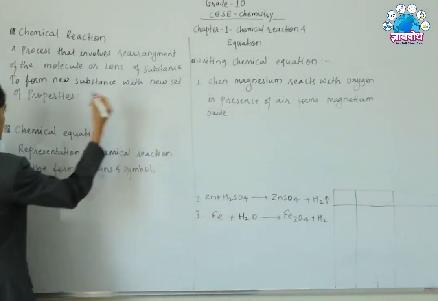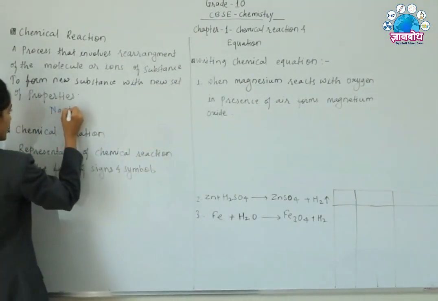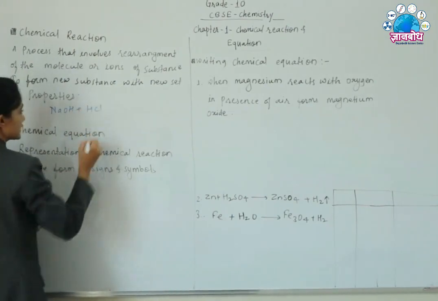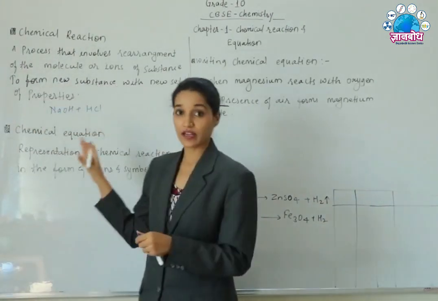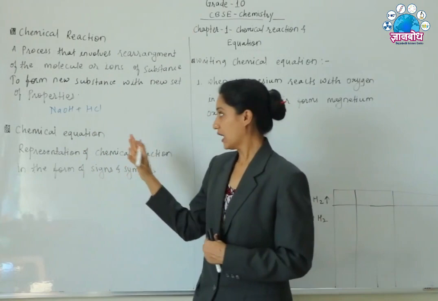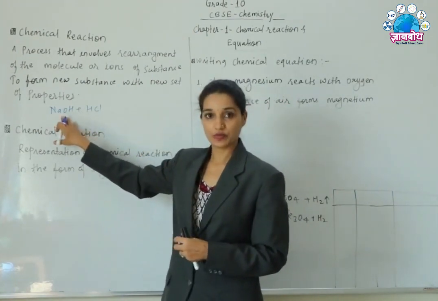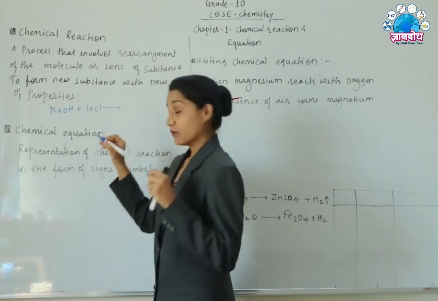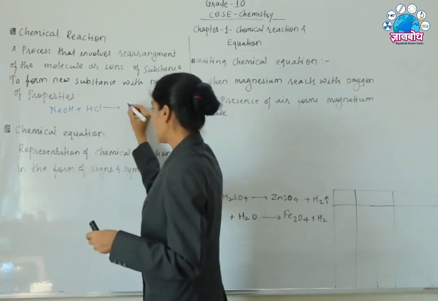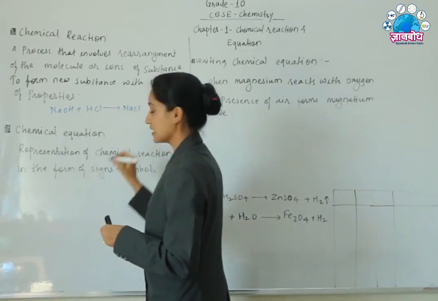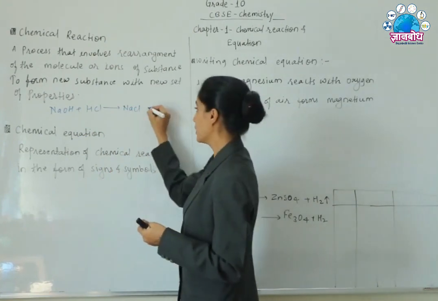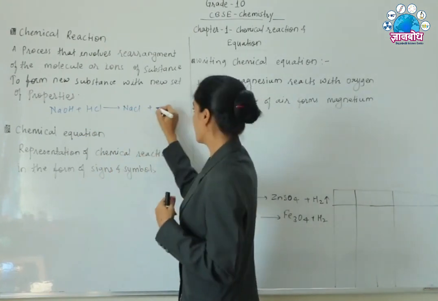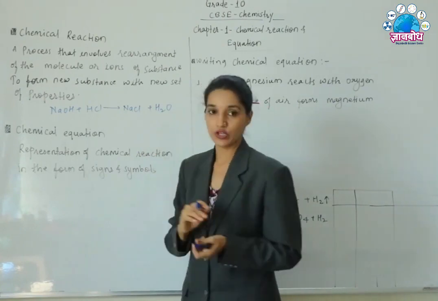The example is NaOH plus HCl. Both are ionic compounds, so here we are talking about ions. NaOH, that is sodium hydroxide, when it reacts with HCl, what happens? A simple salt, that is NaCl, is formed plus one water molecule is formed.